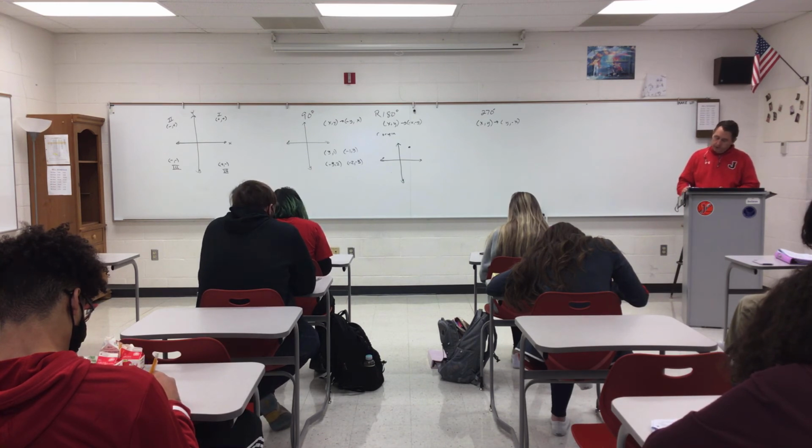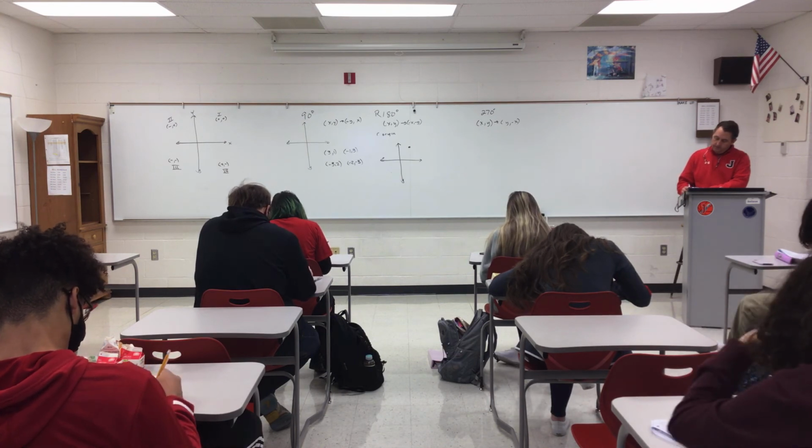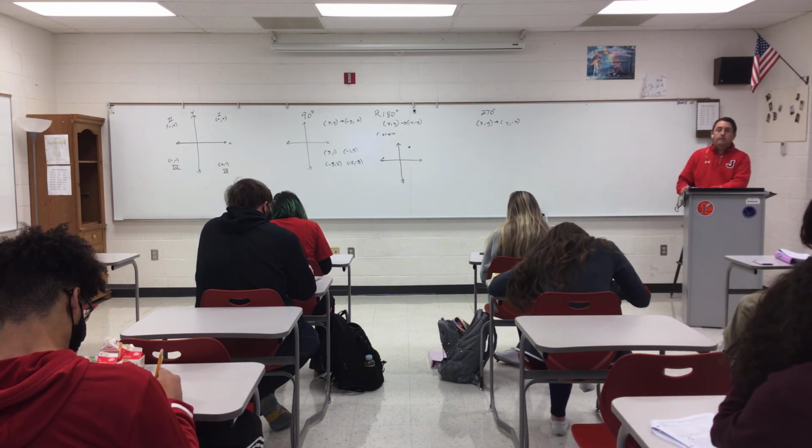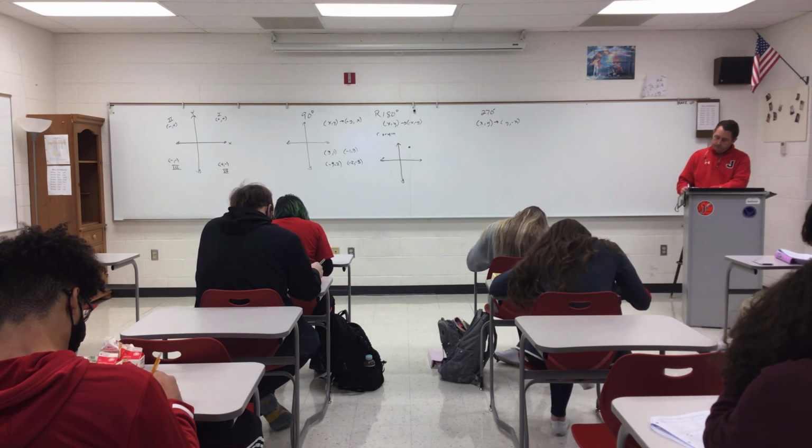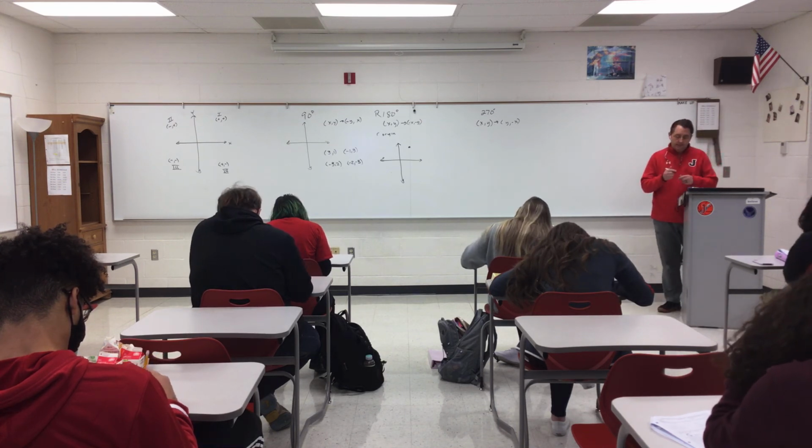And then if we go down to J, we're at (2, -1), right? It becomes (-1, -2). So they're going to change places on the 270. The only rotation where they stay the same is 180.